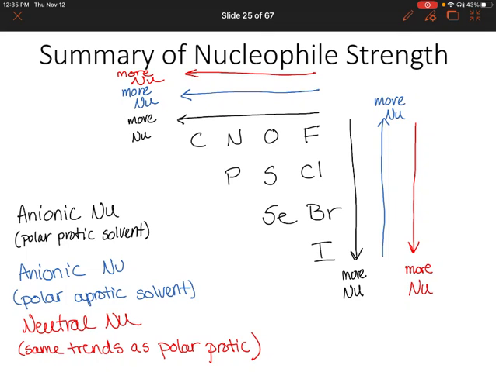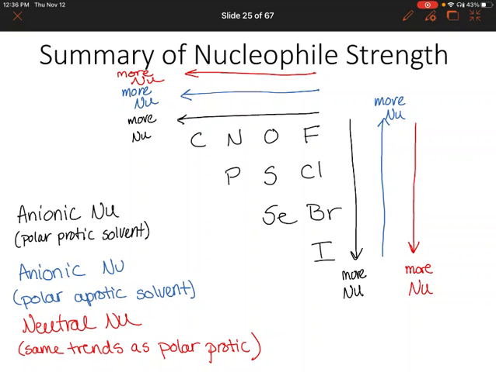Okay, so this might be an easier way to remember nucleophilic strength. So if you're looking at a periodic table, you can kind of figure out, well, am I comparing across a row or am I comparing down a column? And nucleophilic strength always correlates with electronegativity.